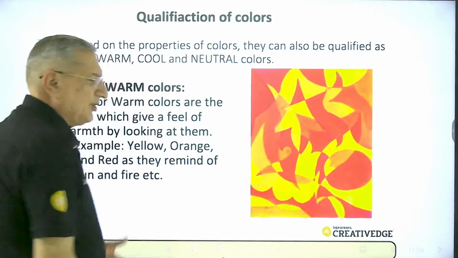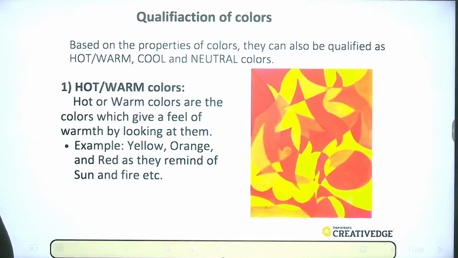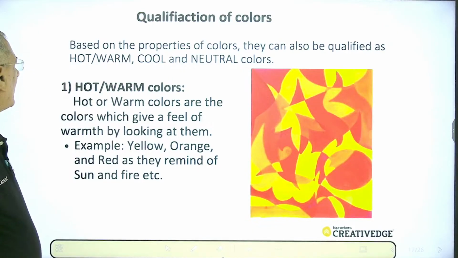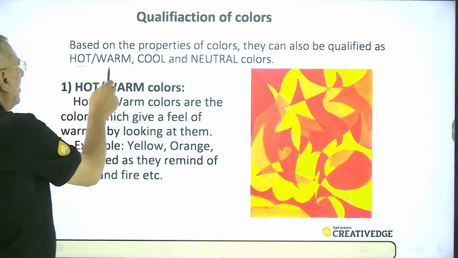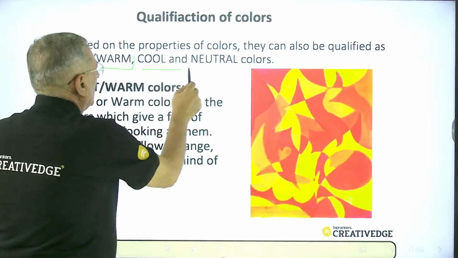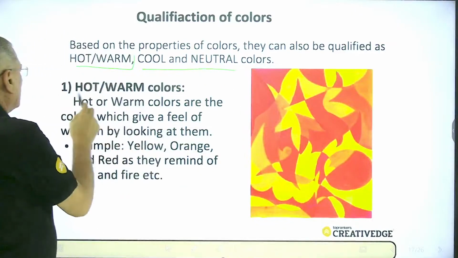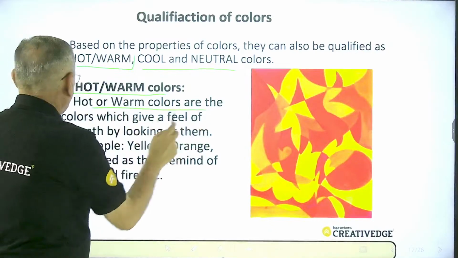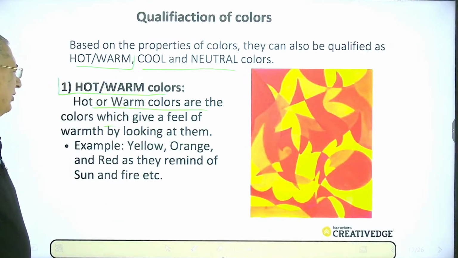Some classification on the basis of properties, like hot or warm colors, cool and neutral colors. Hot or warm colors are the ones which give a feel of warmth by looking at them.